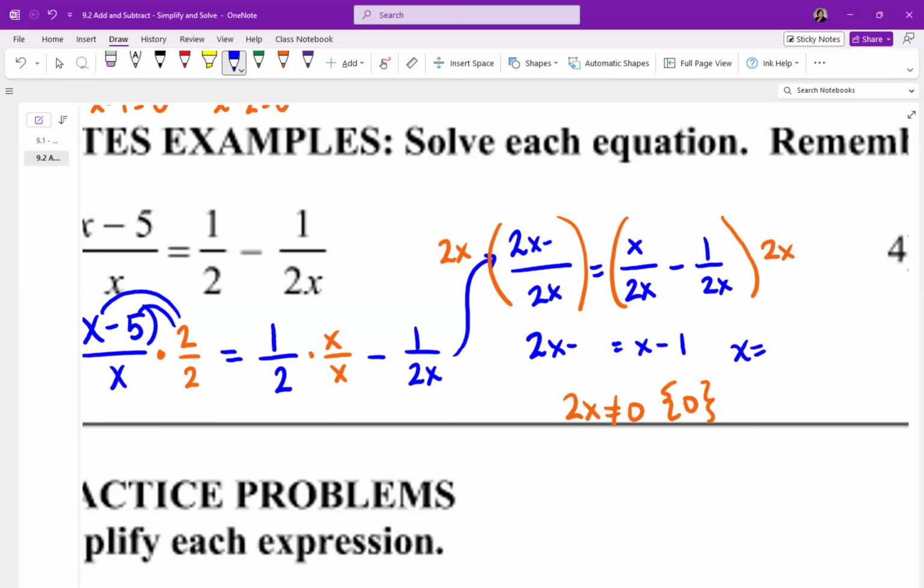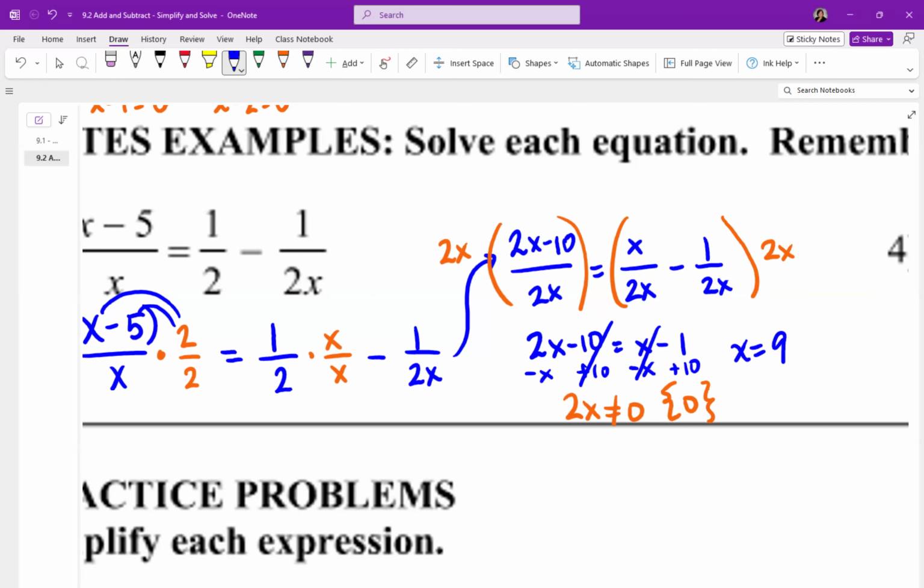This should be 2x minus 10. Sorry. So I'll subtract x from both sides and I'll add 10 to both sides. And x is 9. So I got x is 9.